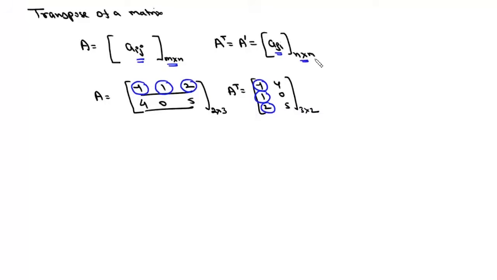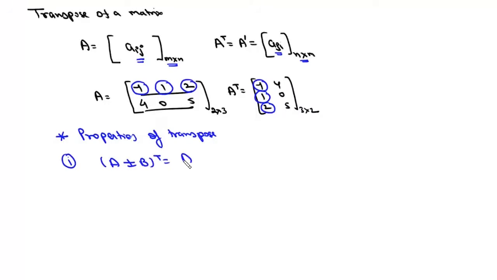Now we look at the properties of transpose, and the properties of transpose are very important. The first one is (A plus minus B) transpose is the same as A transpose plus or minus B transpose.